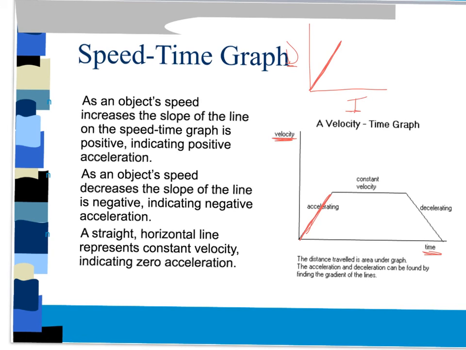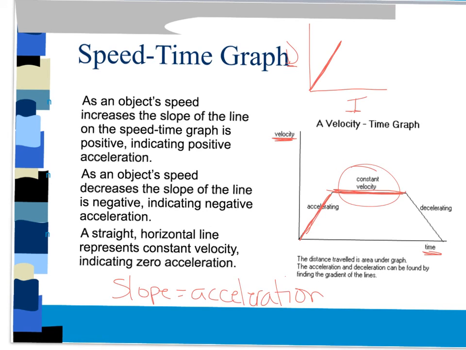So an object moving horizontally on a speed time graph has a constant velocity. Here, the slope is 0. It's a straight line. If the slope is 0, then there is no acceleration, because the slope equals the acceleration on a speed time graph or velocity time graph.